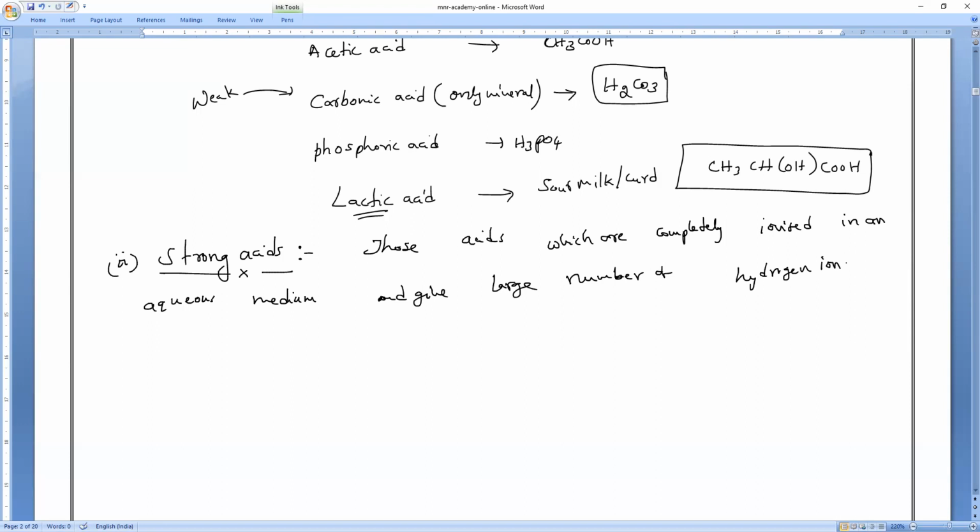Hydrogen ions can also be represented as hydronium ions, H3O plus.